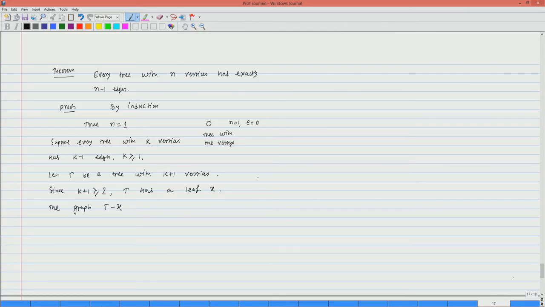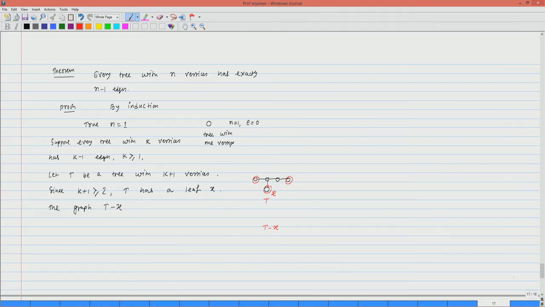So, how does this operation go? Suppose I have this tree for example, and this is a tree with 5 nodes, and this is a leaf node, this is a leaf node, this is a leaf node. So, there are 3 leaf nodes, and suppose this node I denote by x, and this is my current tree T. Now, what I mean by T minus x is that you remove this node from this graph.